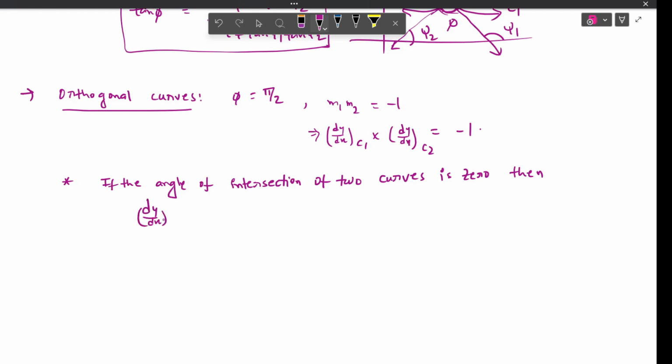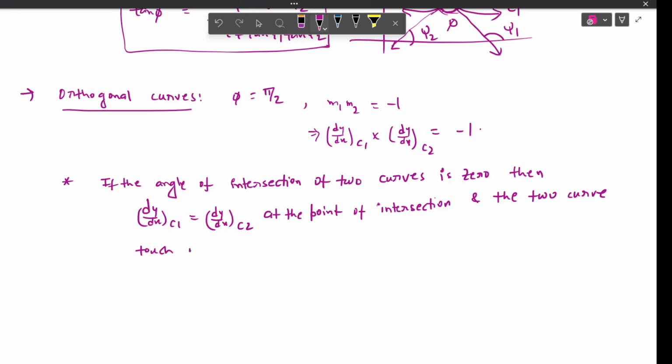Then dy by dx at C1 is dy by dx at C2 at the point of intersection, and the two curves touch each other at the point of intersection.